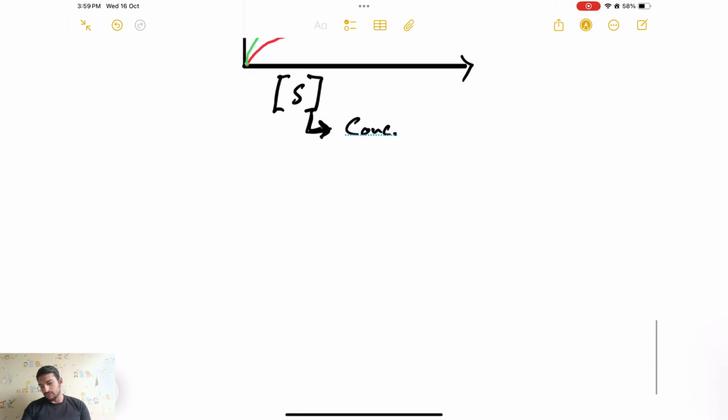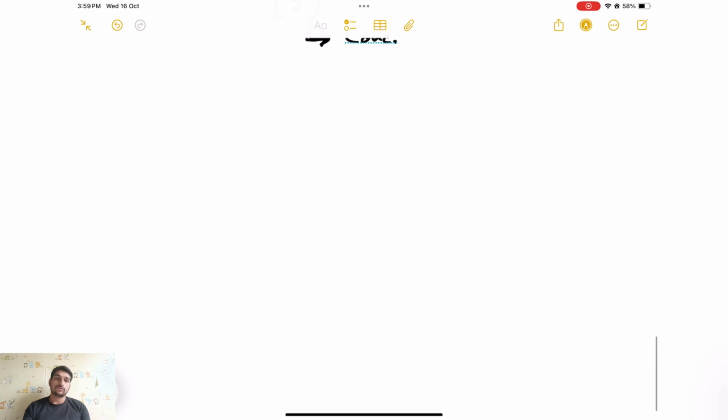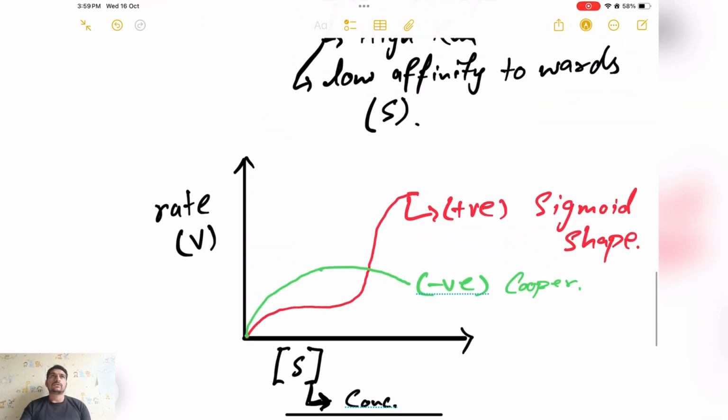Now we will also have another topic, hemoglobin and myoglobin. Some points I want to discuss about them. First of all, they are not enzymes. Second, they work on the reversible binding property or function with O2.